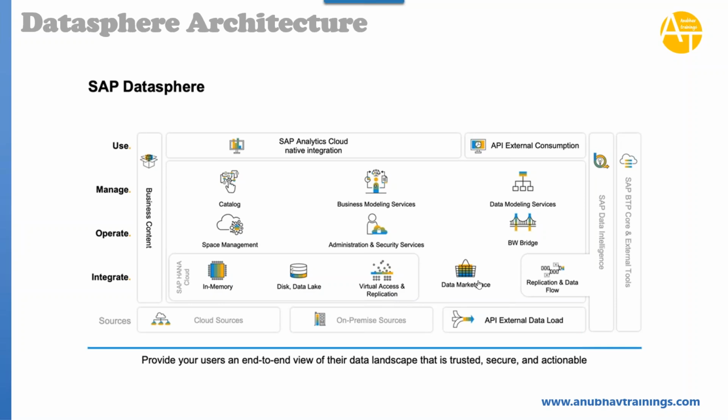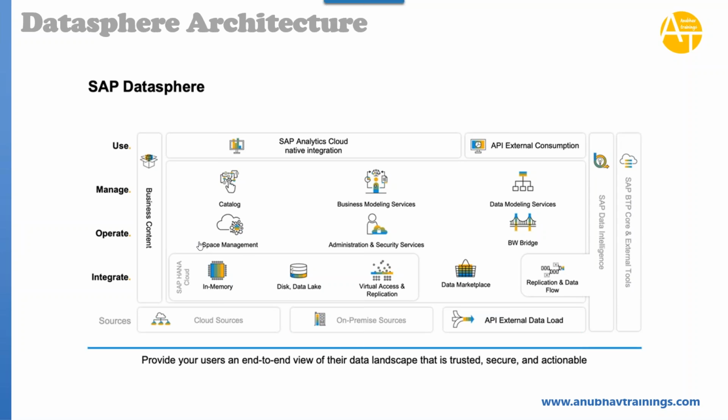Then you have data marketplace, from where you can also take the data like currency exchange rates or other data sets which are available on open market. You can also use replication flows and data flows to bring in the data from your external SAP systems and SAP Data Intelligence. Along with that, you can utilize the core features of SAP BTP platform.